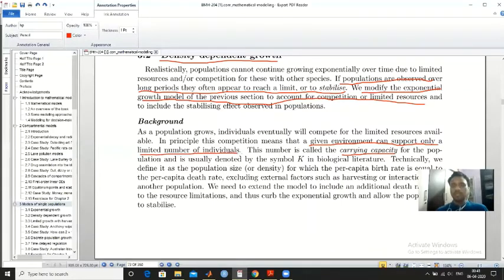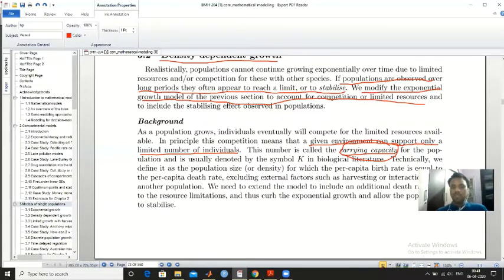This is known as the restriction on the resources, or limited resources being available. Due to the limitation of the resources, an environment has a carrying capacity, meaning the environment can only provide facilities up to that carrying capacity.